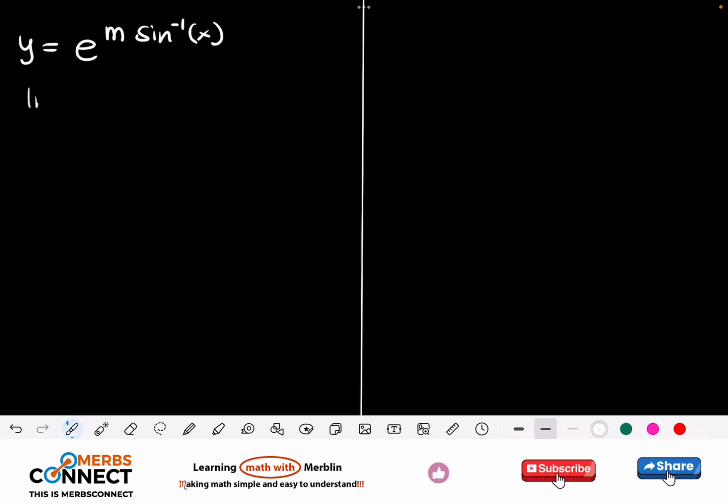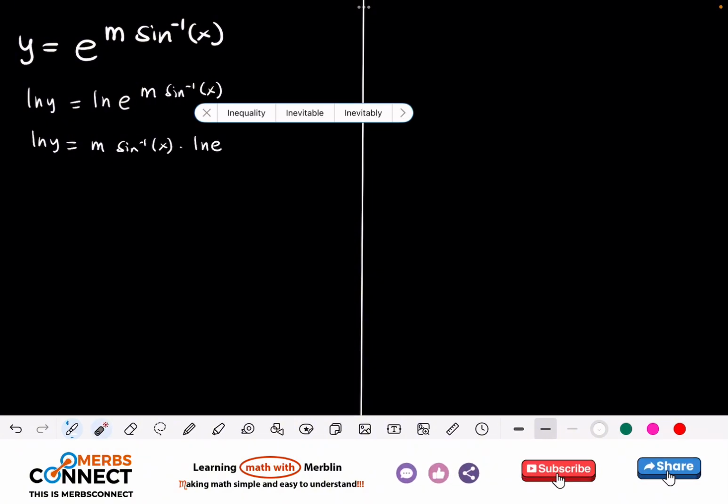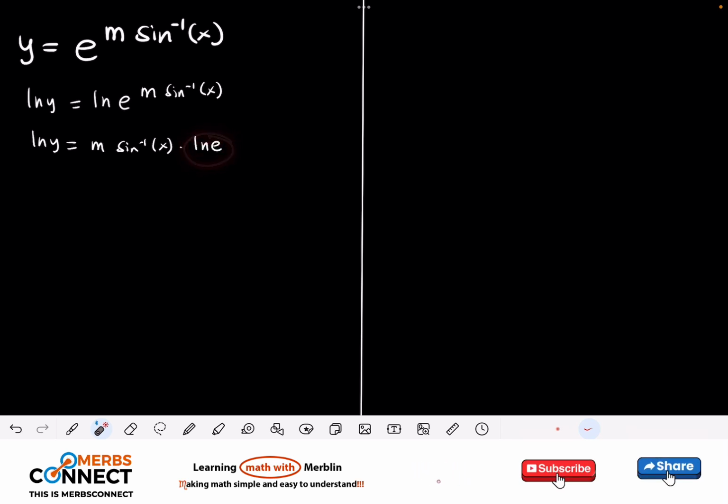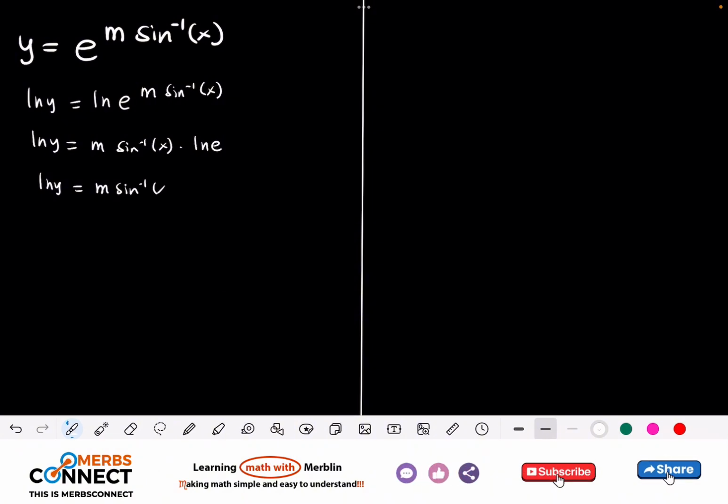So I'll pick ln y to be equal to ln e to the m sine inverse of x, and this is the same as ln y equals m sine inverse of x times ln e, so that this one is going to give us 1. So we are going to have ln y is equal to m sine inverse of x.